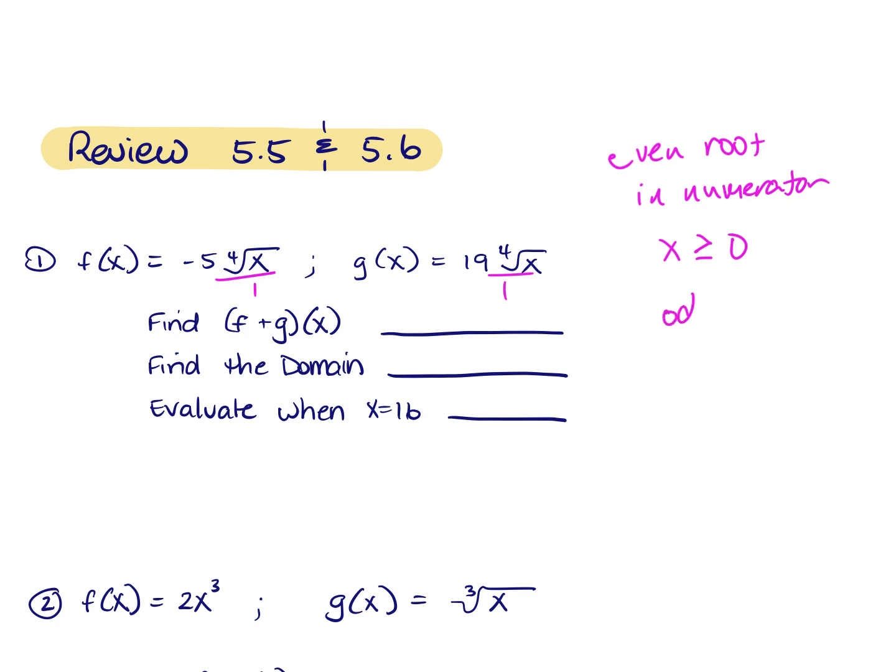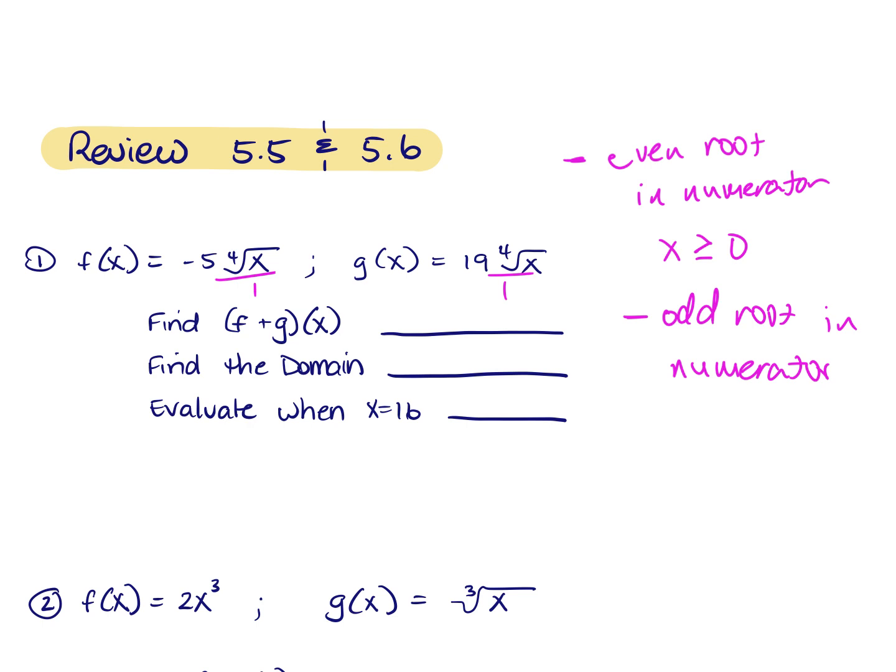If you have an odd root in the numerator, let's think about this. Can you take the cube root or the fifth root, or can you take the odd root of a positive number? Yes. Can you take the odd root of a negative number? Yes.